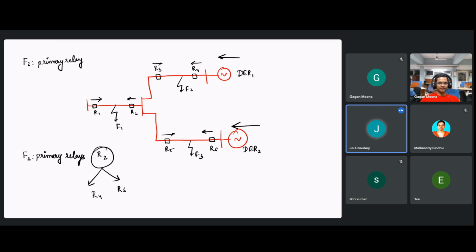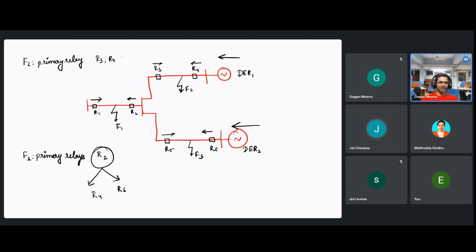R3 and R4 will be the primary relays. Why are you saying R3 is also primary for F2? Because it will see power from DER2 in the same current direction. Good, that is correct. So now we have to see backup.